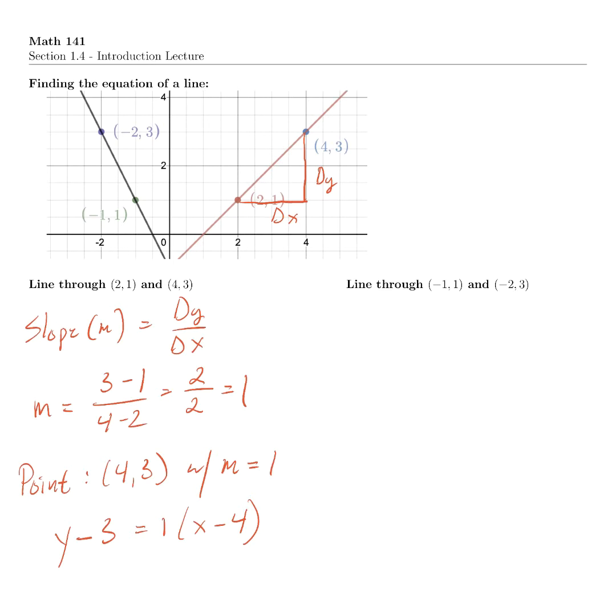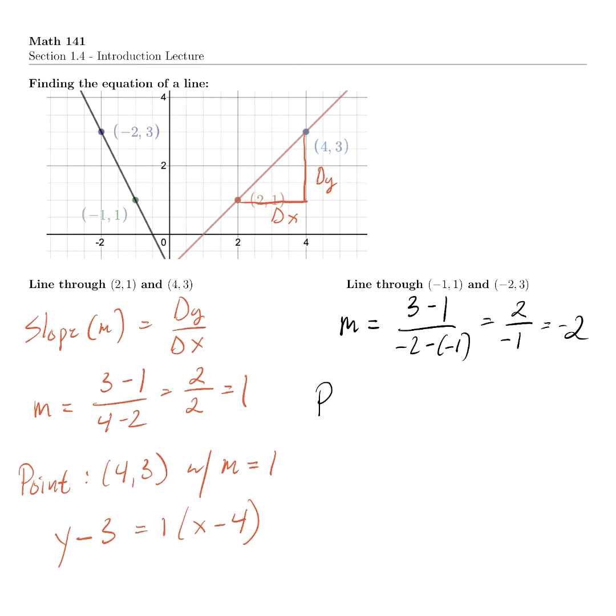Let's do the same thing for the other line, which is through the points (-1, 1) and (-2, 3). The slope of that line is again the change in y, which in this case is 3 minus 1, divided by -2 minus -1, which is 2 divided by -1, or -2.